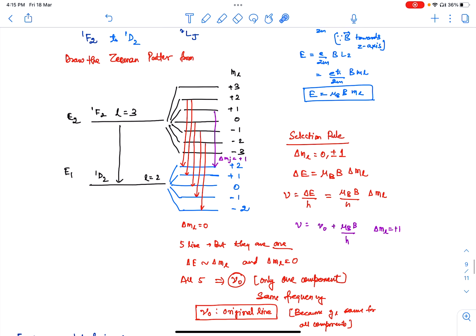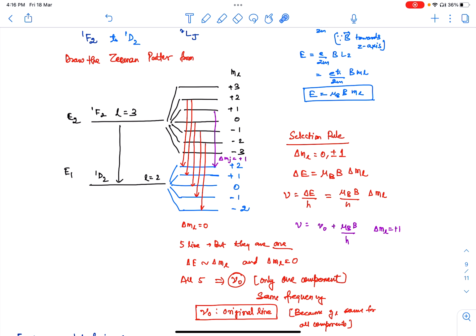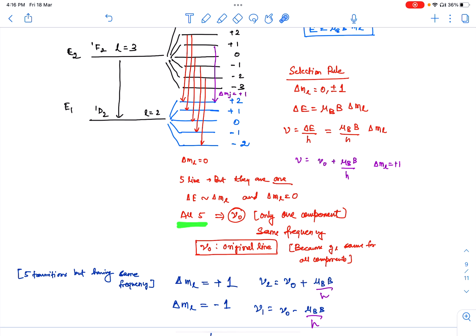The very important thing I have to point out is that in the normal Zeeman effect, suppose it has split into these many lines, you might see that there are so many lines here, but the energy corresponding to these lines will summarize to only three lines. All five lines, not only one component, give the same frequency. There are many lines, but that many lines correspond to one frequency only, so it will give only three components.